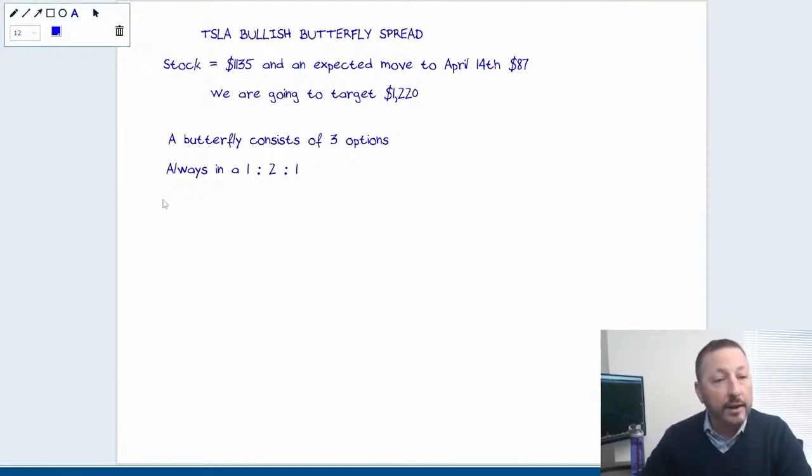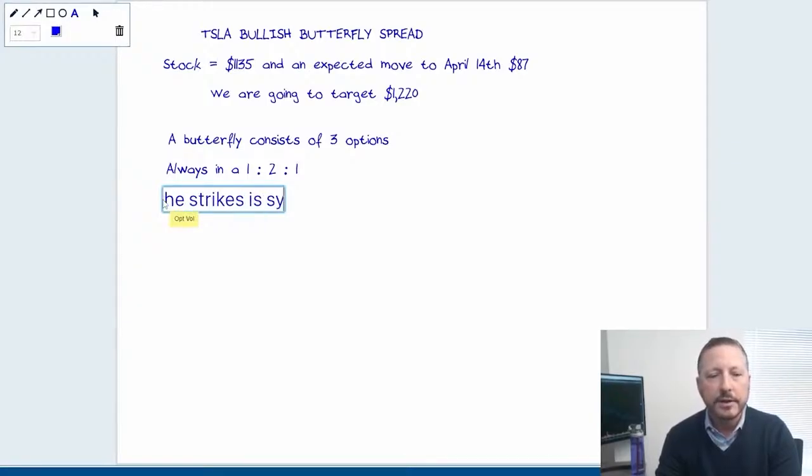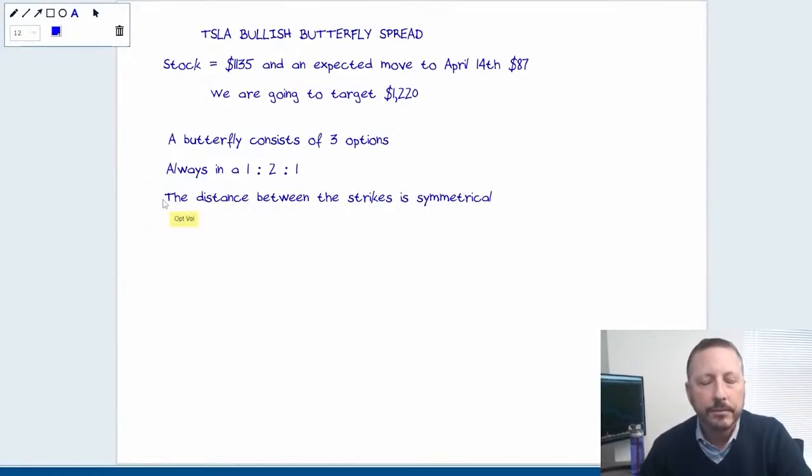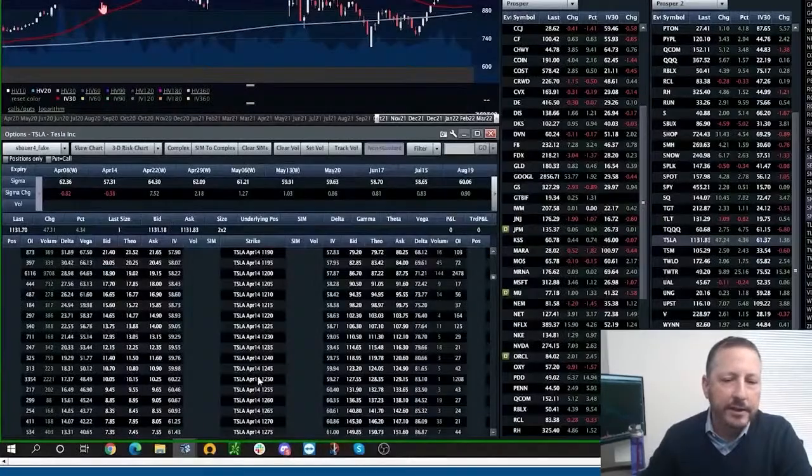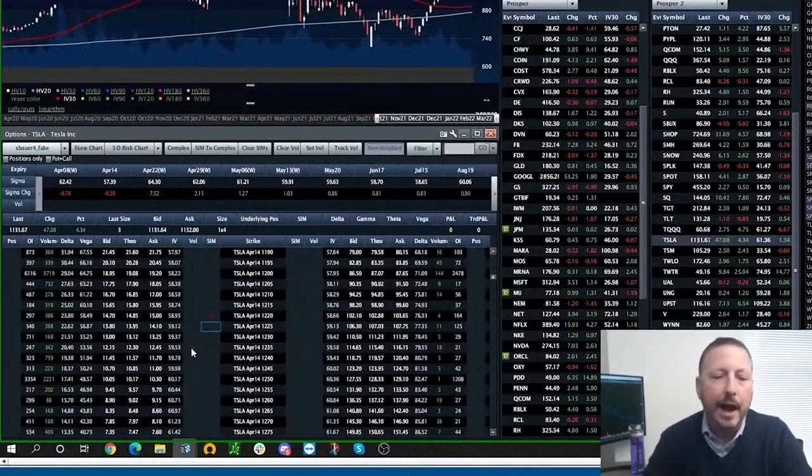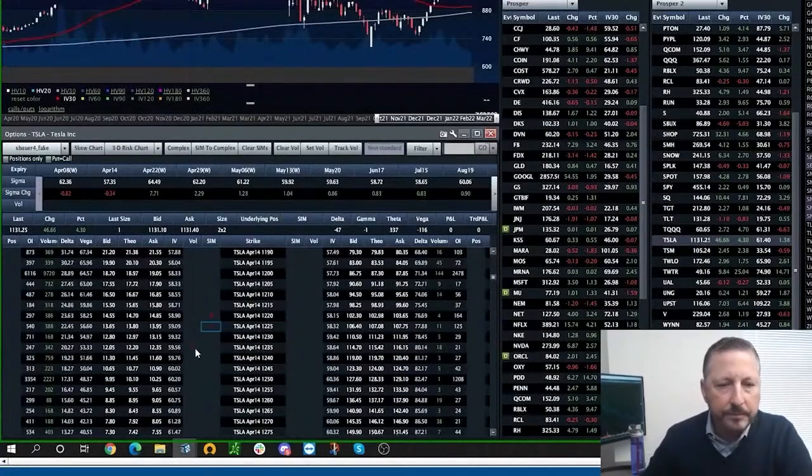Also, in a regular butterfly, the distance between the strikes is symmetrical. What does that mean? Well, let's take a look at Tesla. We know that the 1220 is the option we want to sell because that is our target, where we hope the stock goes at expiration. So let's create a $20 wide butterfly. We could create anything we want: $5, $10, $20, $50.